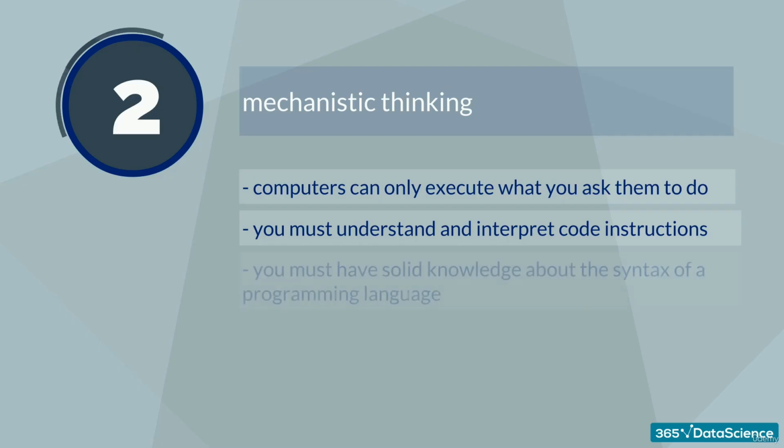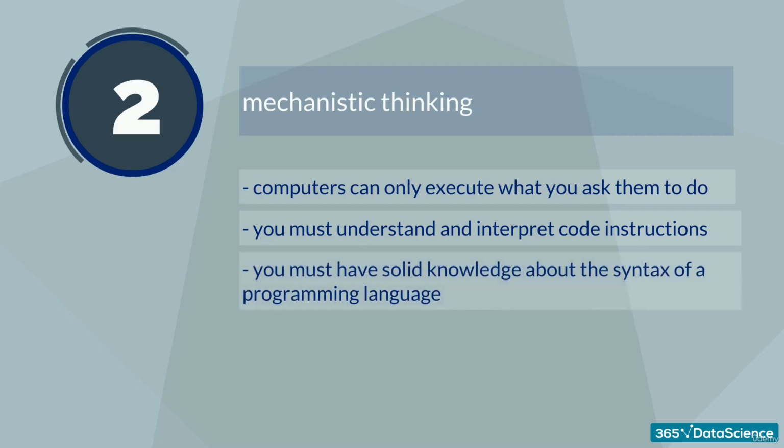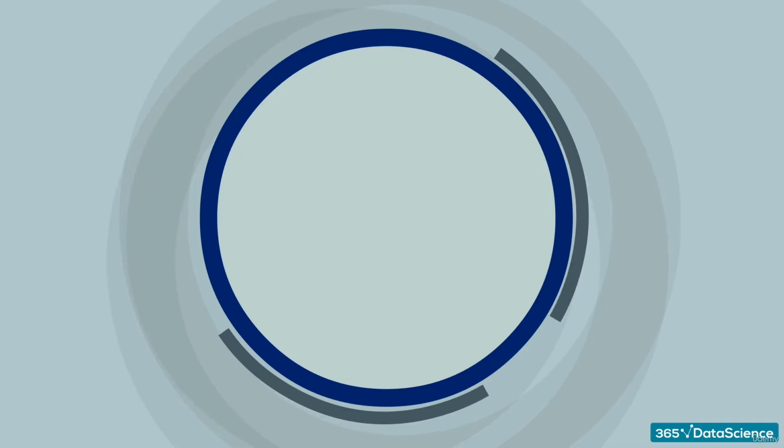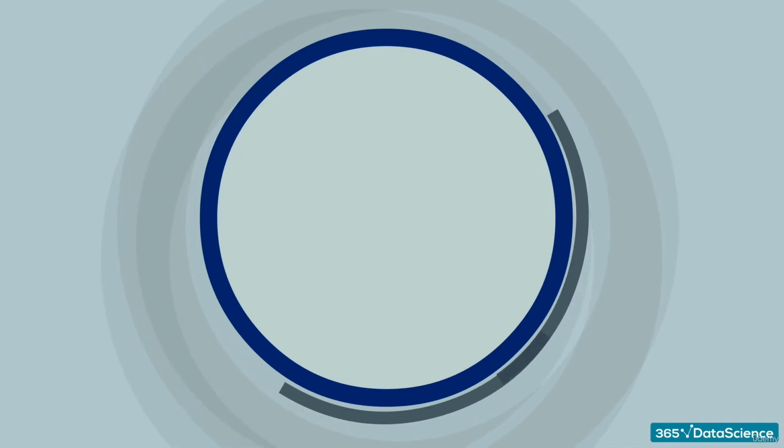And this is why solid knowledge about the syntax of a programming language and the ability to understand computer code is of paramount importance. It will positively affect your thinking process, allowing you to break down your problem into parts the computer can execute. In the example we provided above, John must think of the following subtasks.